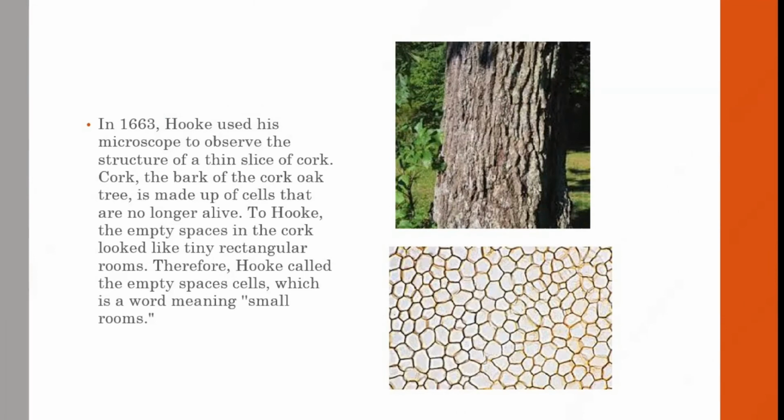Cork, the bark of the cork oak tree, is made up of cells that are no longer alive. To Hooke, the empty spaces in the cork looked like tiny rectangular rooms. Therefore, Hooke called the empty spaces cells, which is a word meaning small rooms.